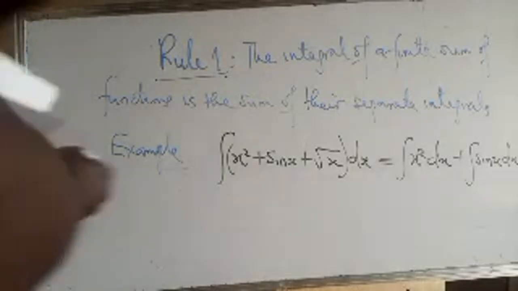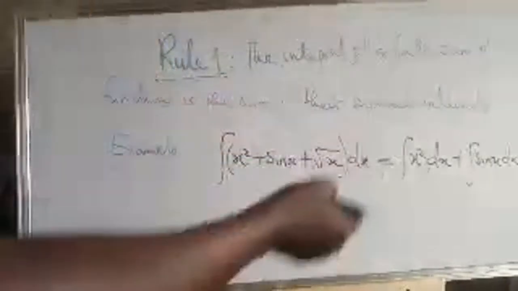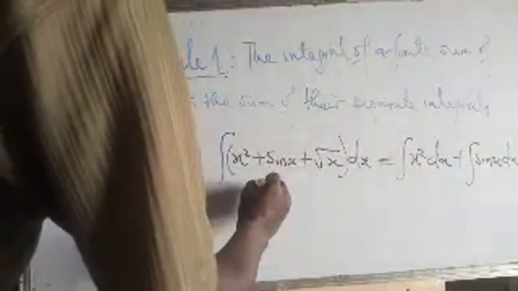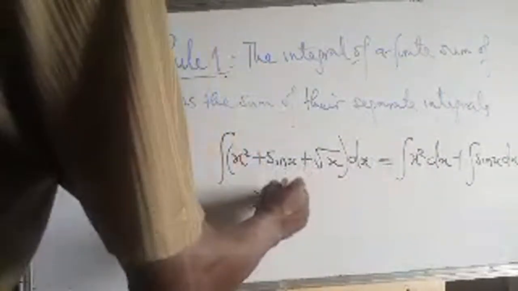Now let's look at how this can be solved. You solve them separately. x squared will be x raised to power 3 over 3, because you add 1 to the power and divide by the result. Then plus, integrating sine x gives minus cos x.